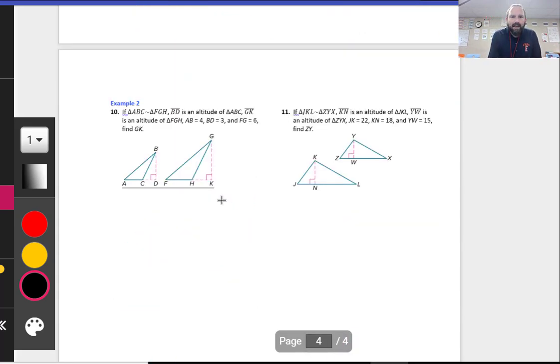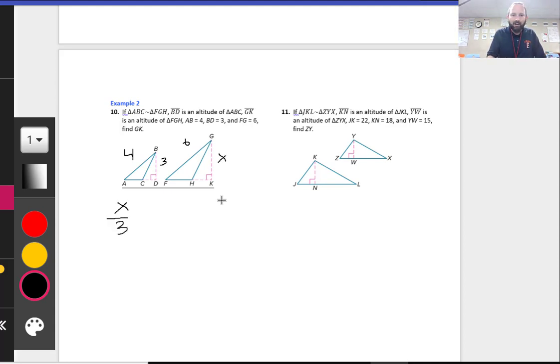If triangle ABC is similar to triangle FGH, BD is an altitude of ABC, GQ is an altitude of FGH, AB is equal to 4, BD is equal to 3, FG is equal to 6, find GK. All right, well, I'm going to call this X. I know it's going to be X over 3.